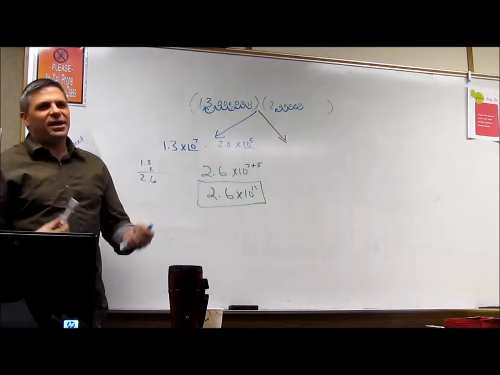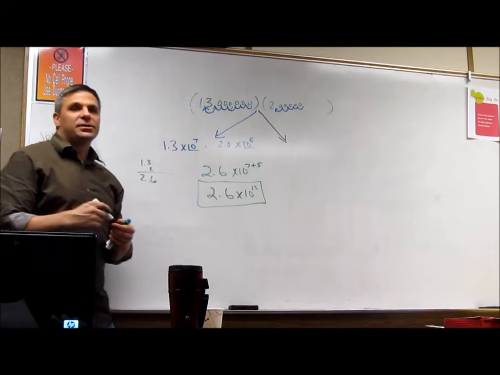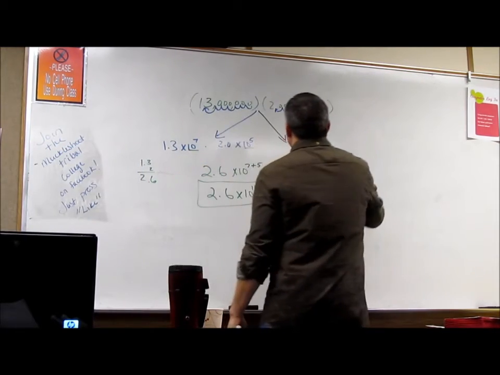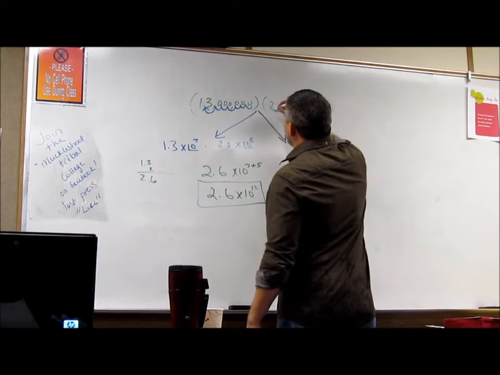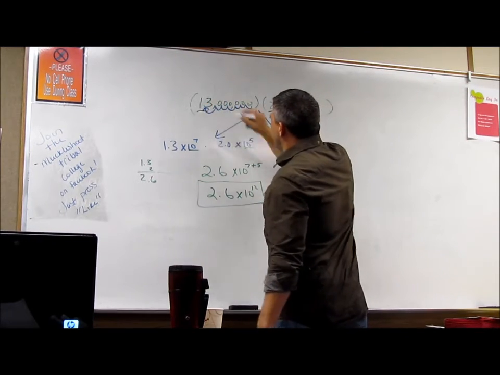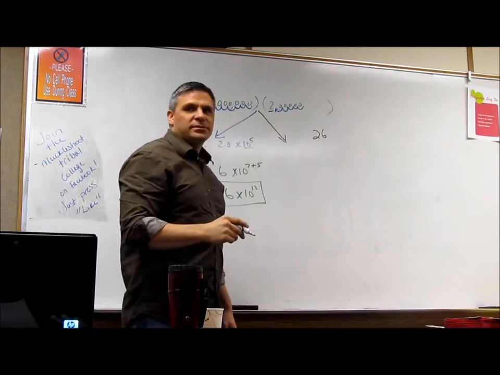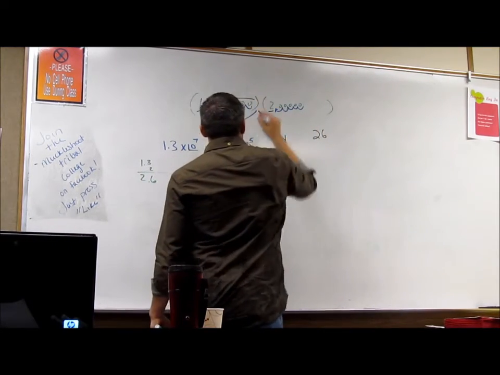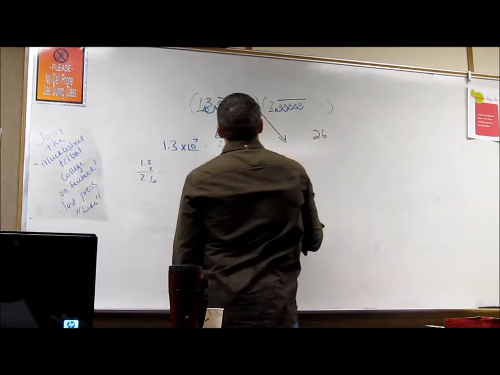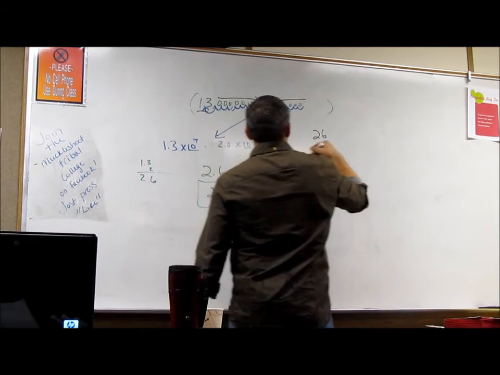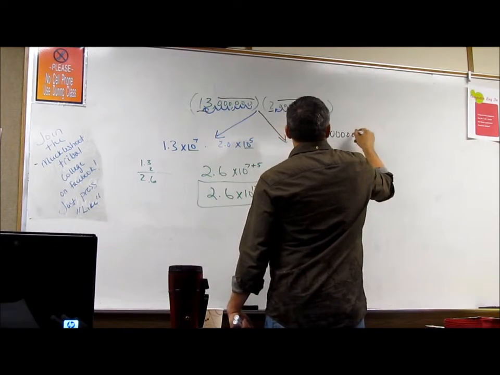So that's one way to do it. Here's a little easier way, because these are easy numbers. And that is 2 times 13, 26. And how many zeros? 6. 1, 2, 3, 4, 5, 6.